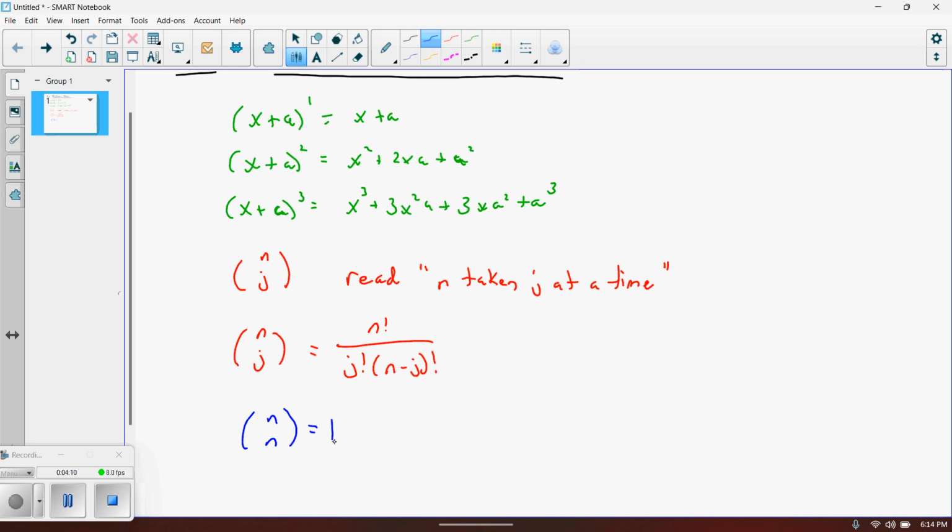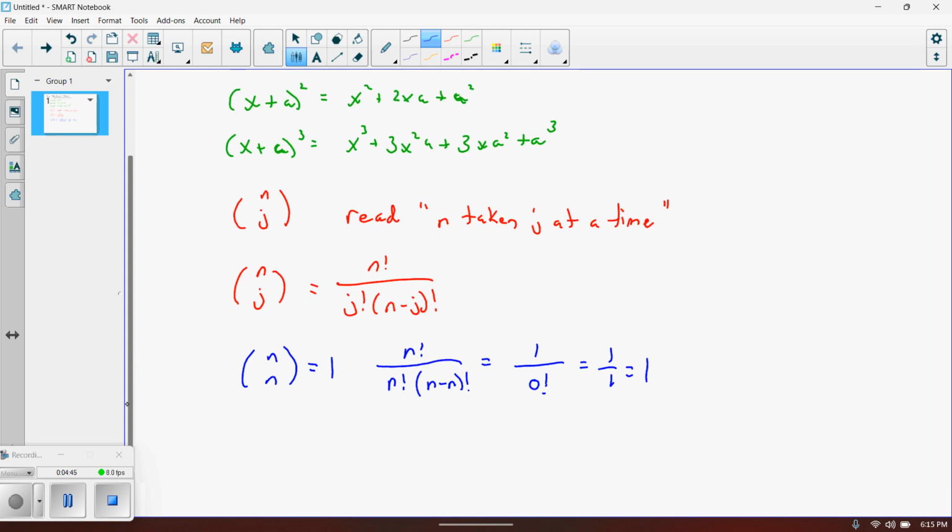And we can show this by the definition, because according to the definition, it is n factorial divided by n factorial multiplied by n minus n factorial. Of course, the n factorial on the top and the bottom are going to cancel out, leaving you with a 1 over, and then the n minus n is going to give you 0 factorial, and by definition, 0 factorial is 1. So ultimately, that gives us 1.